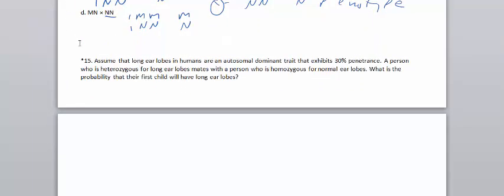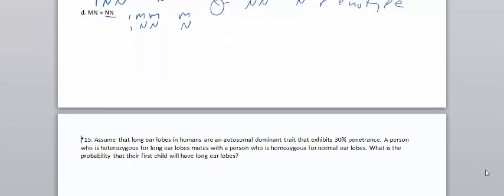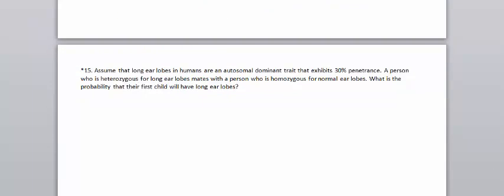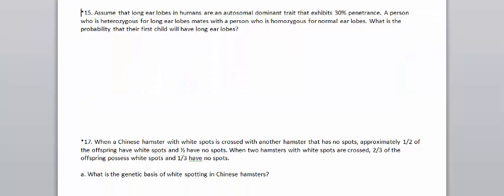Here we have long earlobes. This is just to illustrate the concept of penetrance. So long earlobes is autosomal dominant. L equals long, little l equals short, and we've got 30% penetrance.